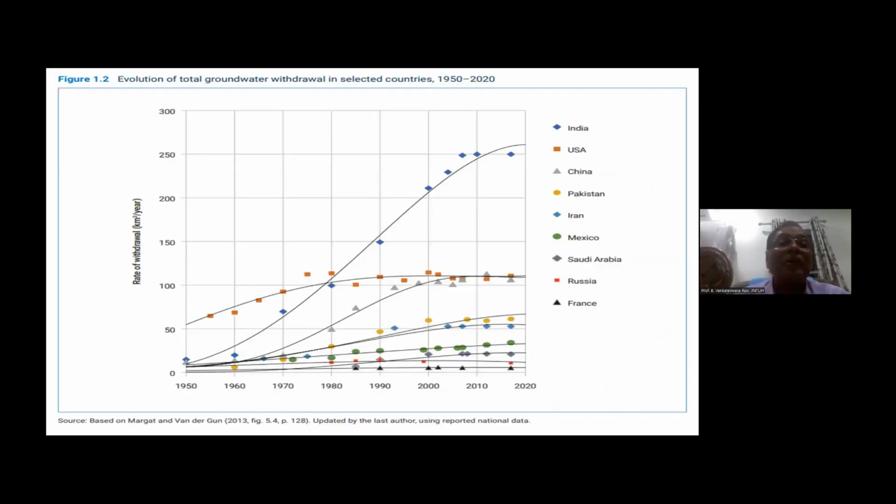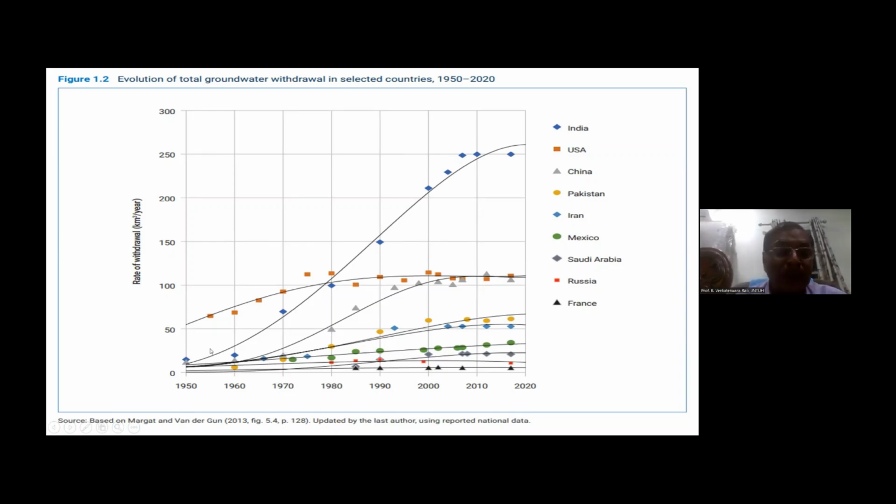Now when you come to the global level, you can see this is a very interesting graph produced by the World Water Development Report. Of course, earlier it was prepared by Van der Gun in 2013. You can see some of the developed countries, like USA, have already reached stabilizing groundwater use even by 2000. Some countries like China to some extent, and even France and so on.